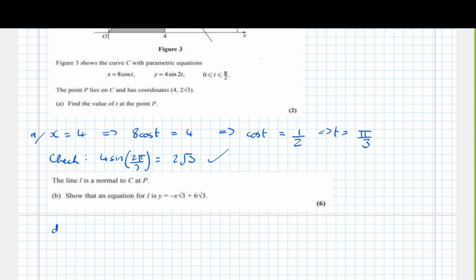Okay, so dx by dt equals minus 8 sine t. dy by dt equals 8 cos of 2t. Remember to times by the differential of what's in the bracket for that one.